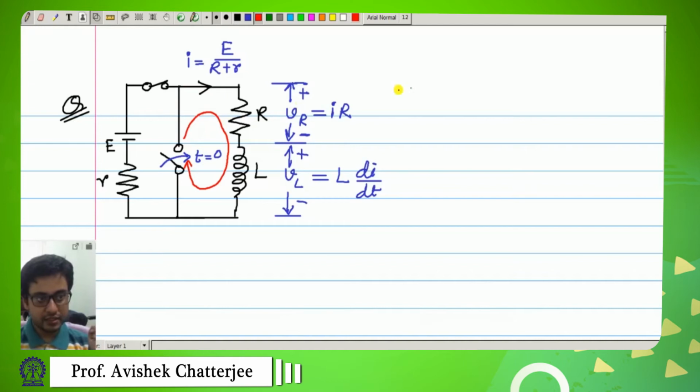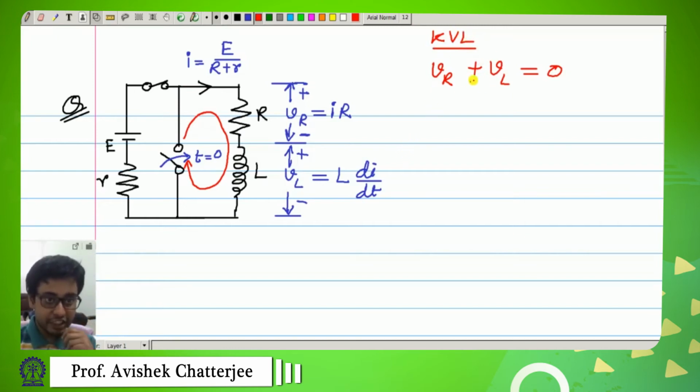So I can write this voltage VR plus this voltage VL plus 0, as there is no voltage drop across the switch, which has 0 resistance. So this should be equal to 0 according to Kirchhoff's voltage law. But this is true only for time t greater than or equal to 0. This is not true before time 0, because then the circuit was completely different.